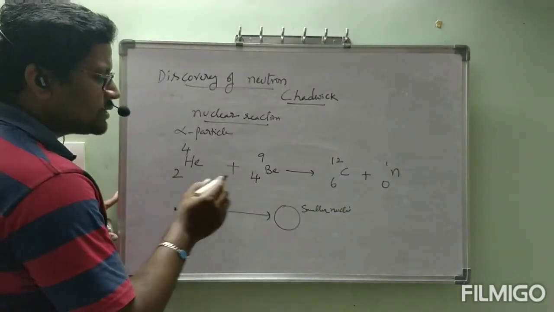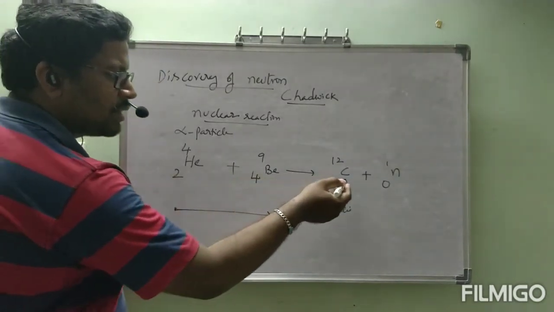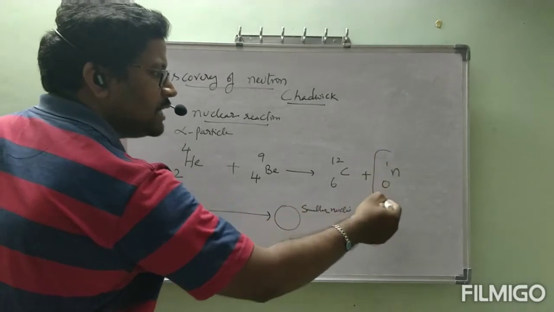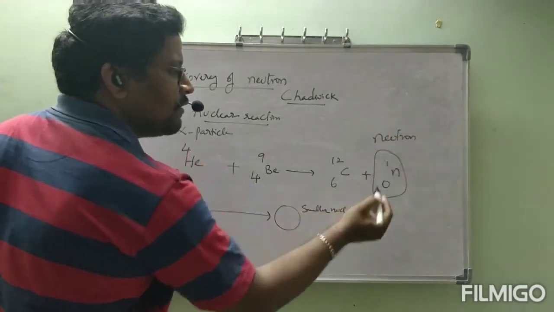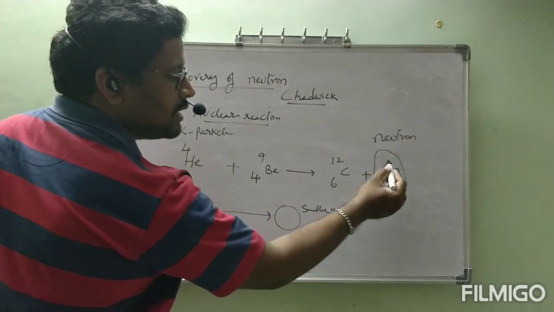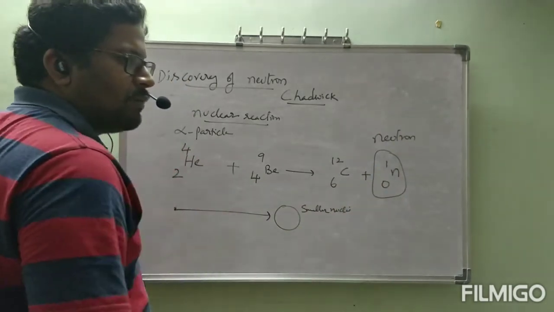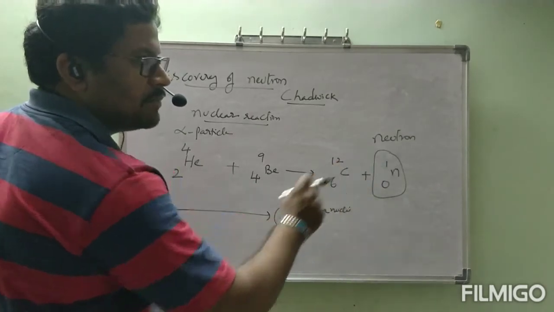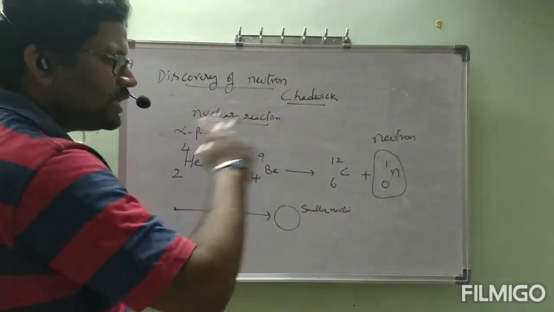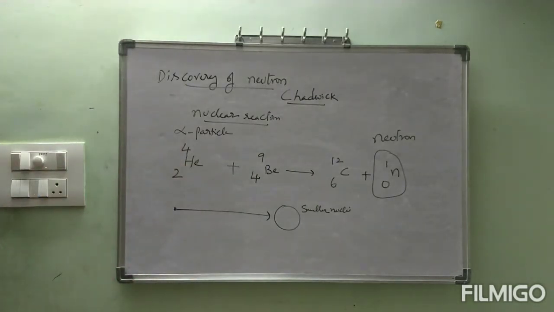This alpha particle is going to hit beryllium to form carbon and a new particle called neutron with 0 charge and mass 1 AMU.